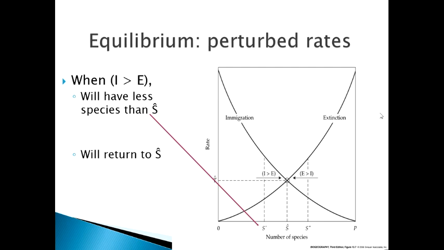Now let's mess things up slightly. What if you do have a period where the immigration rate is greater than the extinction rate? So you're going to have fewer species than S prime. Or a better way to say it is that if you have fewer species on an island, lower than this equilibrial number of species, then the immigration rate of potential new arrivals is going to be higher, and so therefore the number of species is over here.